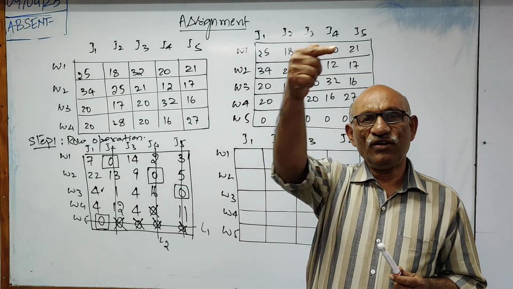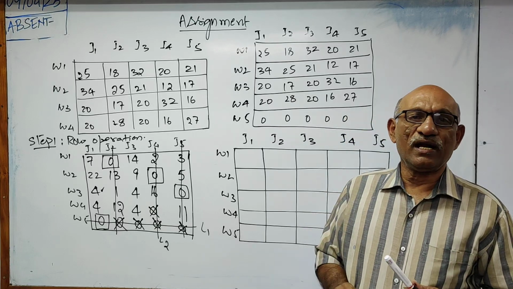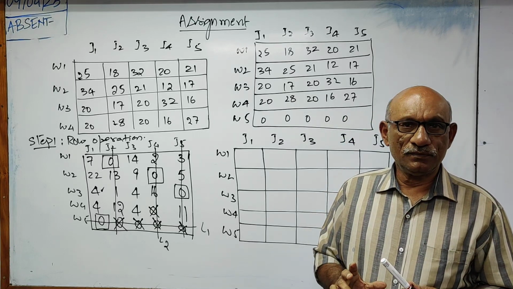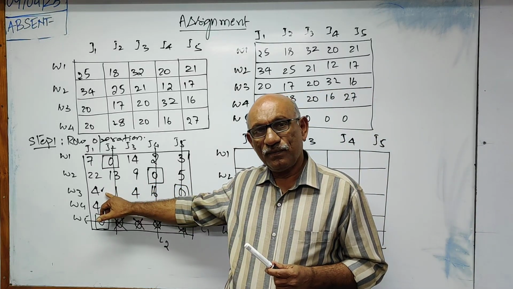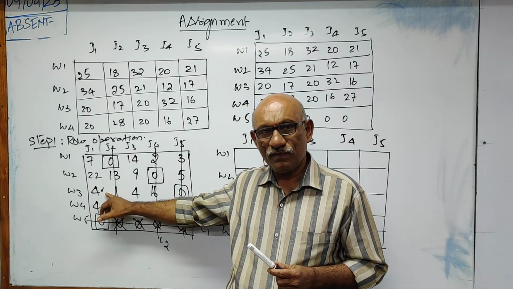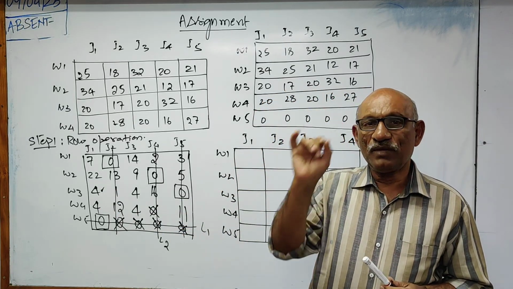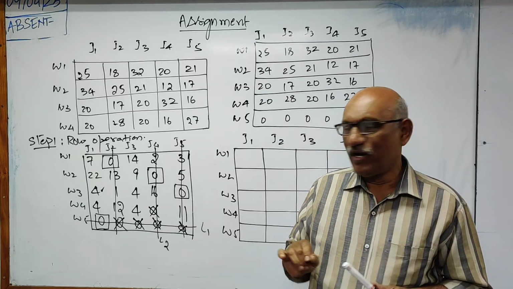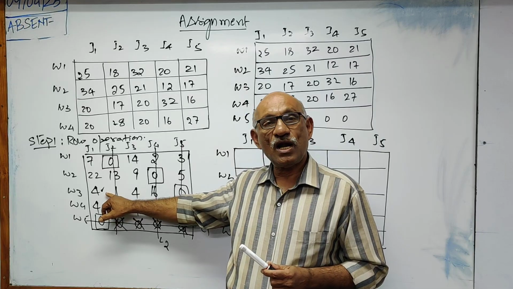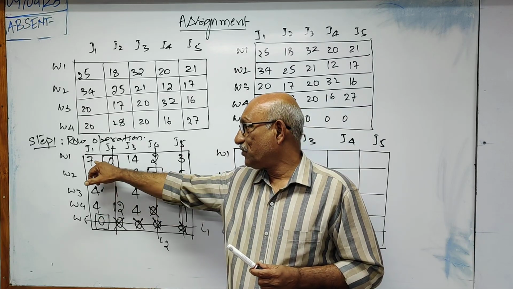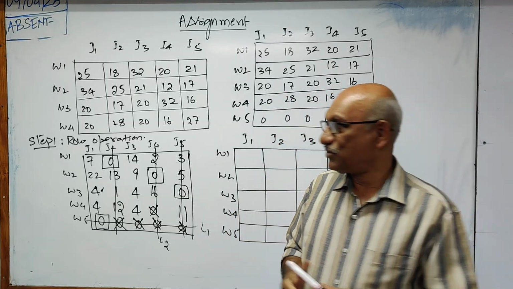There are some elements through which a line is passing. There are some elements which are at the intersection of the lines. The least number which is not covered by the lines is subtracted from the elements which are free from the lines. Again I am repeating this point.